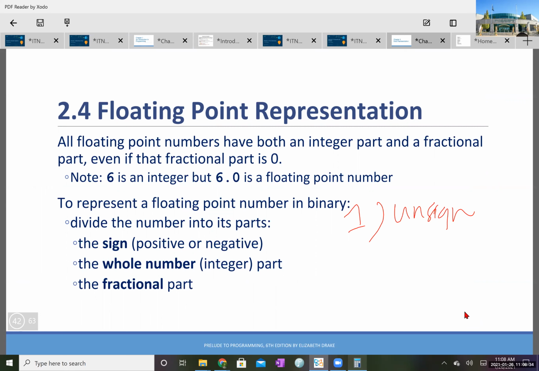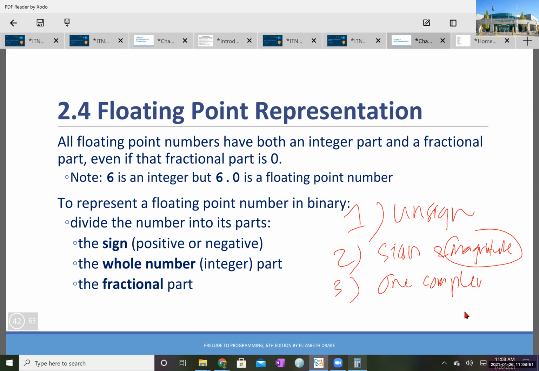The second one is sign and magnitude, which means you have 1 bit for the sign, and the magnitude is converted normally. The third one is 1's complement. When you convert for the positive, it is the same, but for the negative, you have to convert 0 to 1 and 1 to 0. And the fourth one is the two's complement.